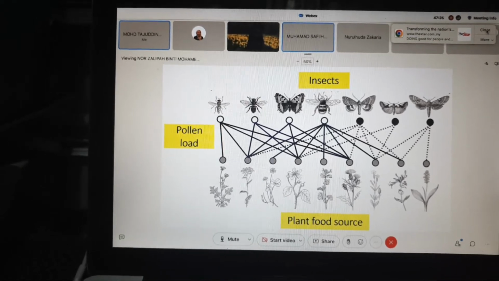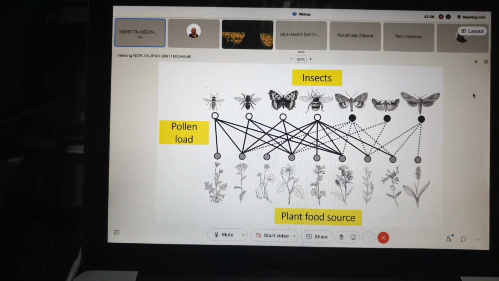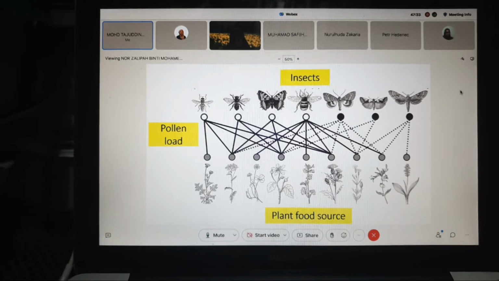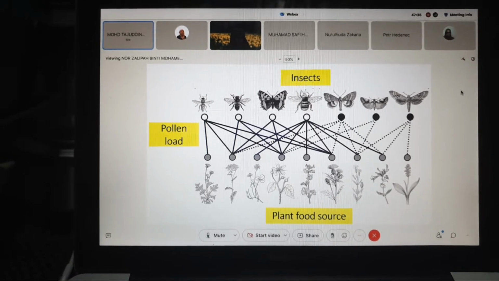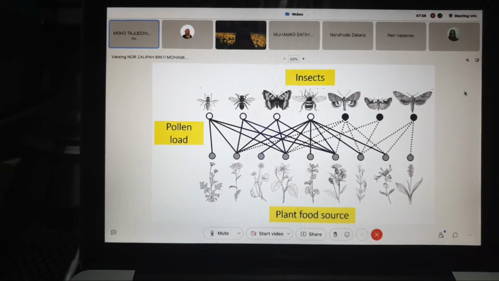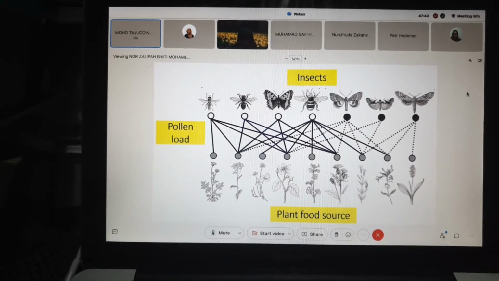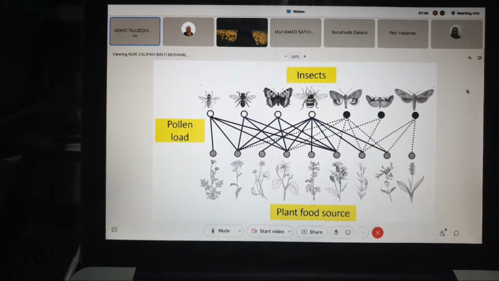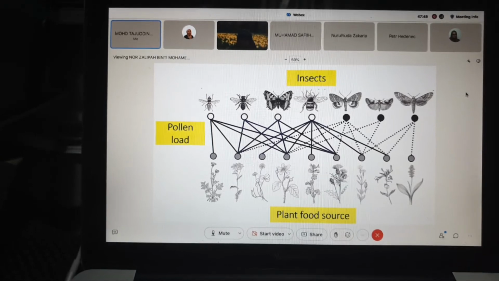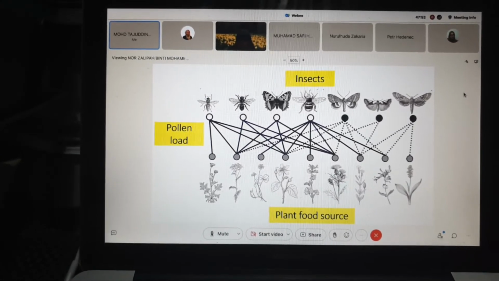In Dr. Safi's proposal, you said additional information will be gathered from Dr. Zalipah's data on the insect, pollination, pollen loads and food sources. So from the very beginning, if you publish a paper, I hope you give first authorship to this group, because they are the data owner.